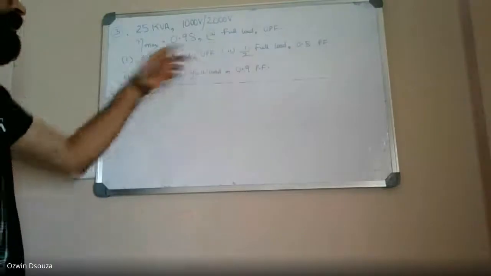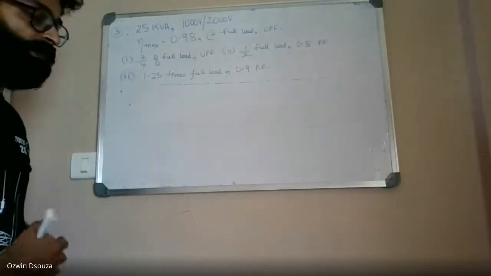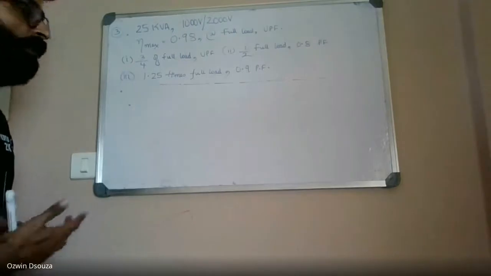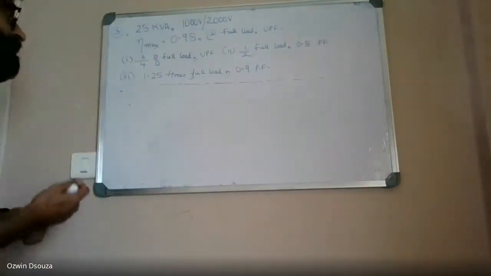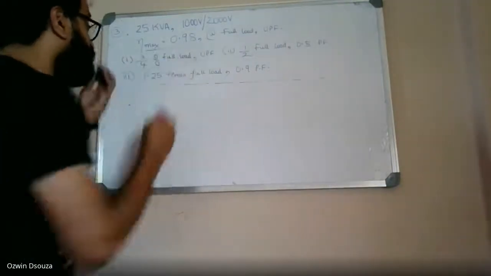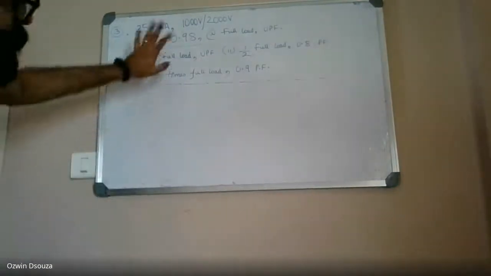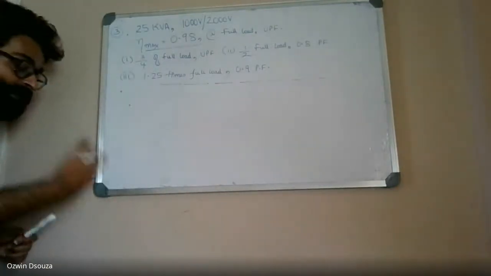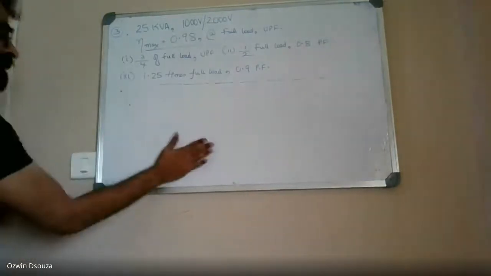But in this particular problem, you haven't been given the loss components, right? There's no information regarding iron loss or copper loss, but you have been given the maximum efficiency condition. So what you need to do is make use of this maximum efficiency condition to determine the iron loss as well as copper loss.